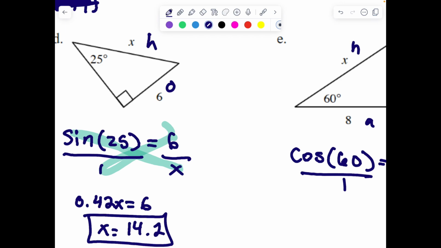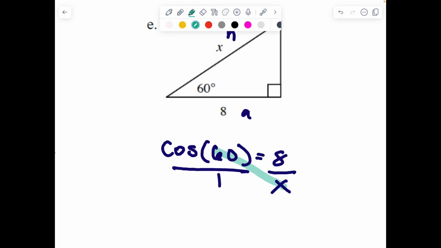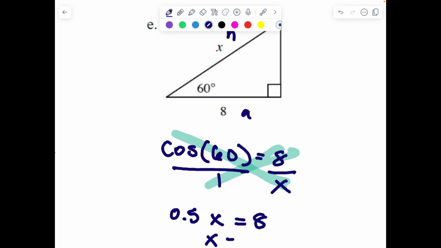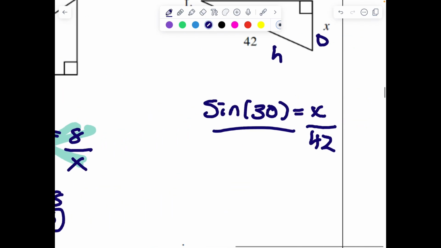Now, depending on where you're rounding in this process, you may get a slightly different answer than me, and that's okay. Here, cross multiplying, the cosine of 60 is 0.5. So I'm going to divide 8 by 0.5, and x is 16. Here, cross multiplying, the sine of 30 times 42 is 21.